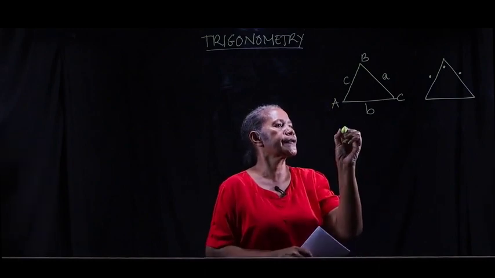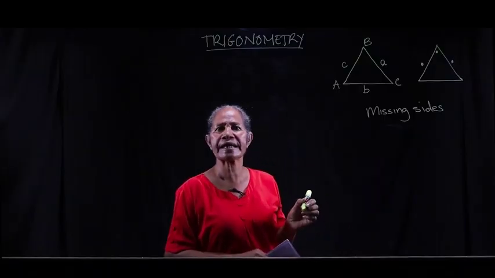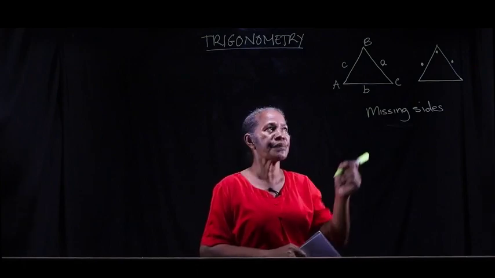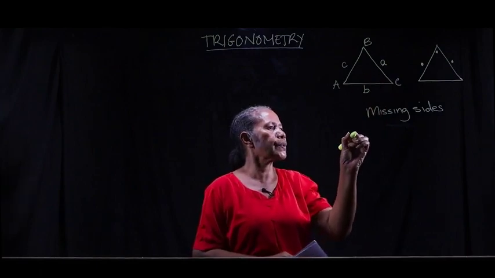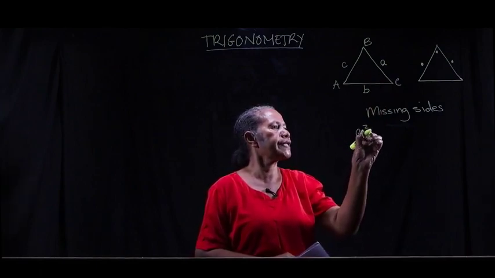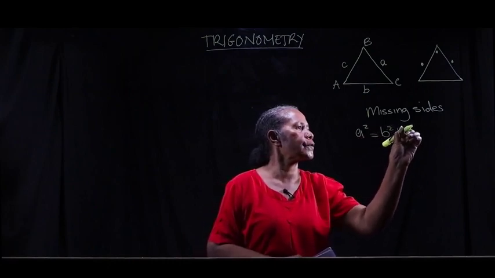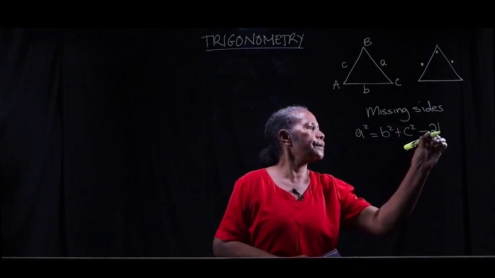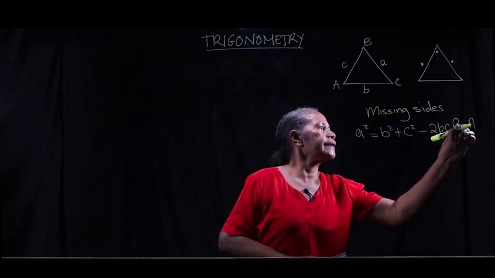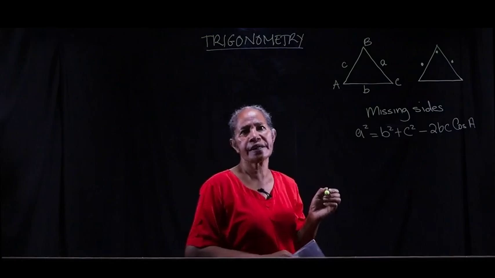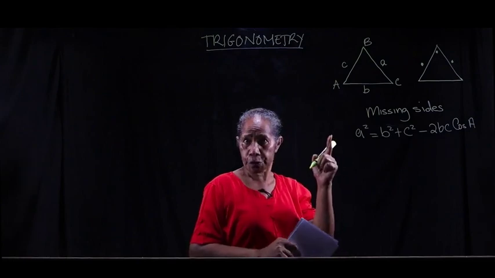So we look at finding missing sides. We are trying to find side A, so we have A squared is equal to B squared plus C squared minus 2BC cos A. Cos A simply represents the angle. We will do likewise for the other two sides.